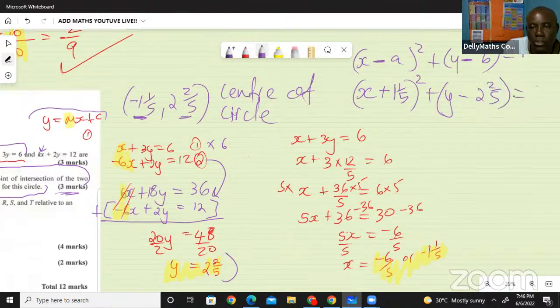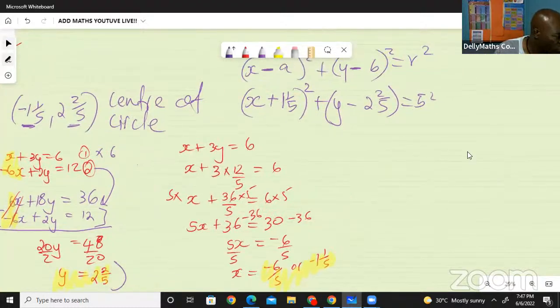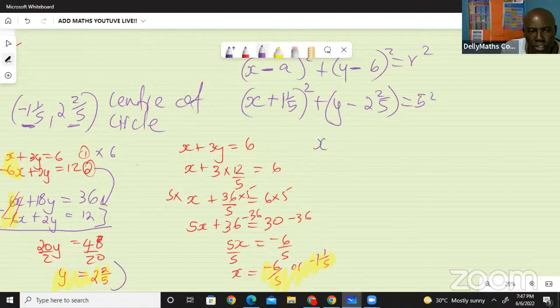And this is equal to 5 squared. Remember, r squared comes here, which is 25 at the end of the day. So you just want to write 25 right there, r squared, which is 25. All right. So I'm just going to write it out and conclude.